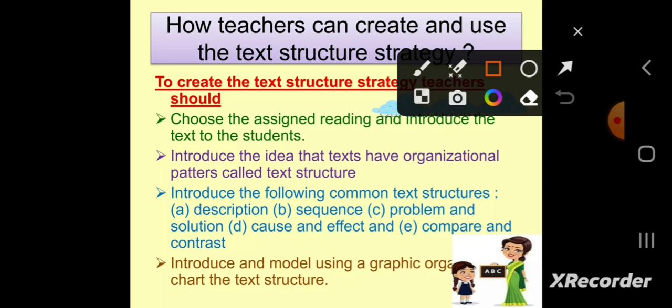Have students practice identifying and using these structures in their reading and writing, using the graphic organizers to aid comprehension and organization. Review and reflect. Regularly review the text structures and graphic organizers and provide feedback to help students refine their understanding and application of these strategies.